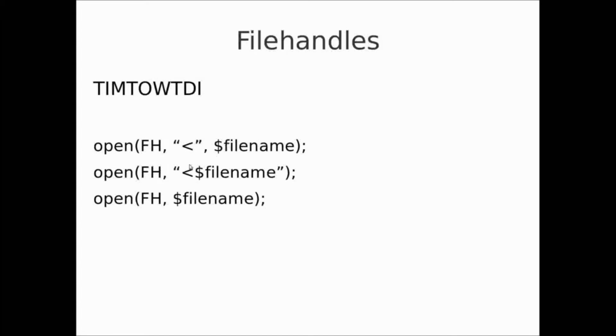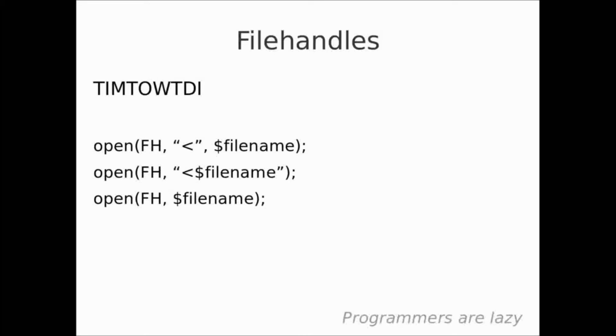Or we can pass in a 2-argument open function, where we pass in the file handle and the file name prepended with the direction indicator, either open for reading, open for writing, or open for appending.